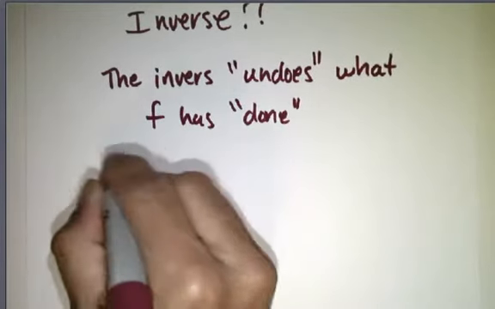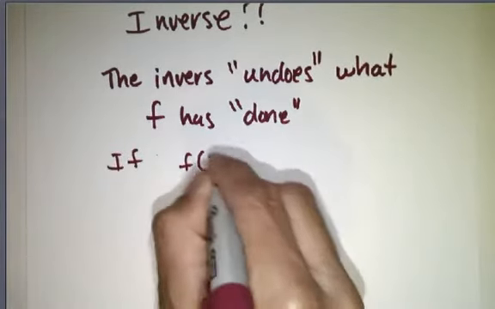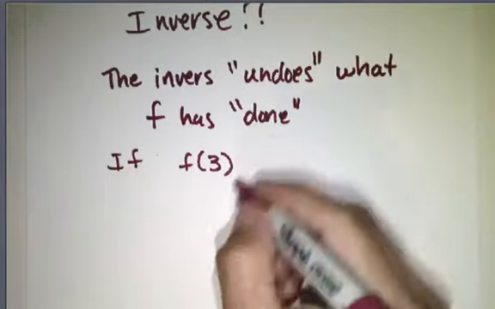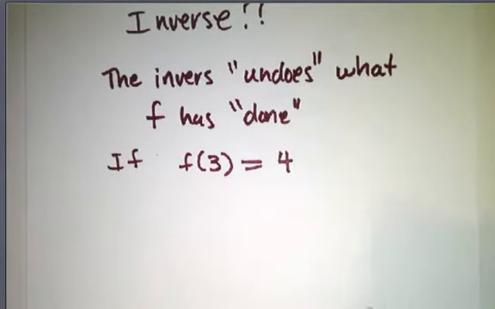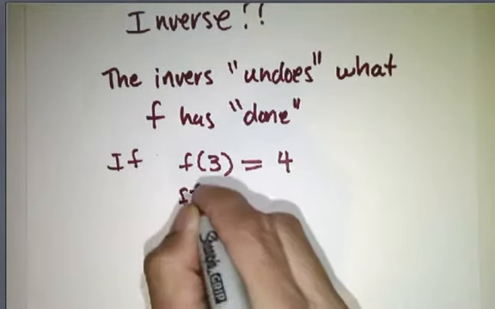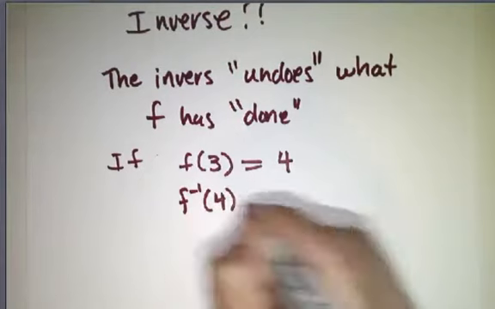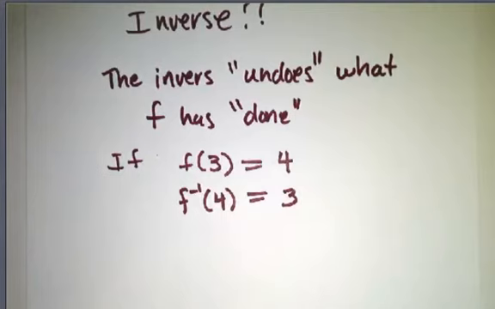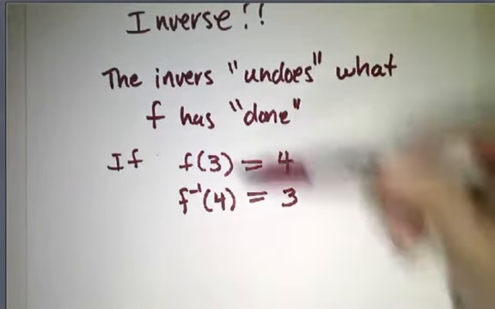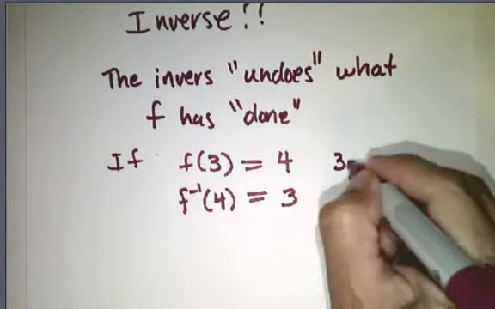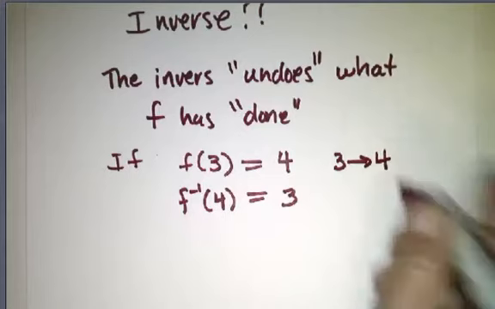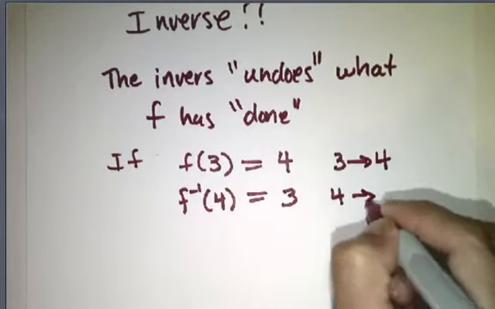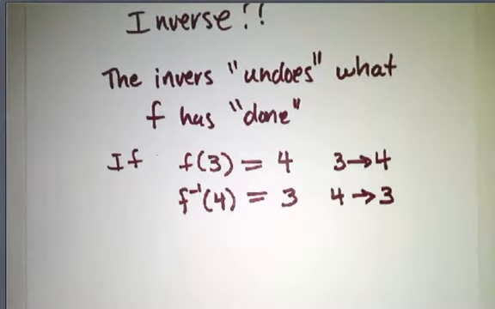Well, if f takes the input 3 to the output 4, then the inverse function would take the value 4, which would be its input, and its output would be 3. So if f maps 3 to 4, f inverse will map 4 to 3.